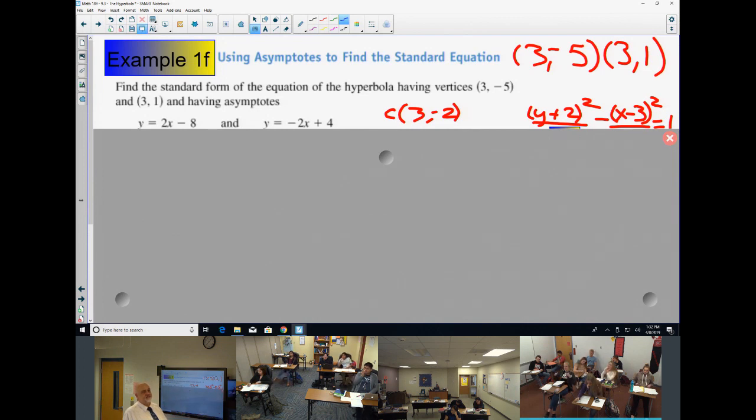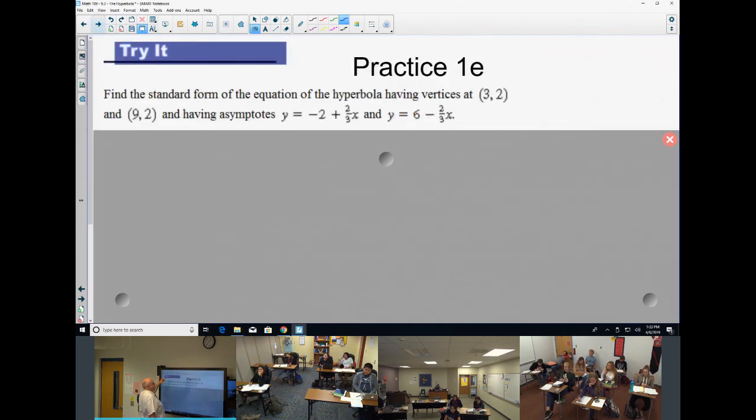Because you can tell if the vertices are horizontal or vertical, and that'll tell you if it goes up or down or left or right. Beautiful answer. So here the vertices are vertical, so that means your hyperbola is going to open vertically. Okay, good job.